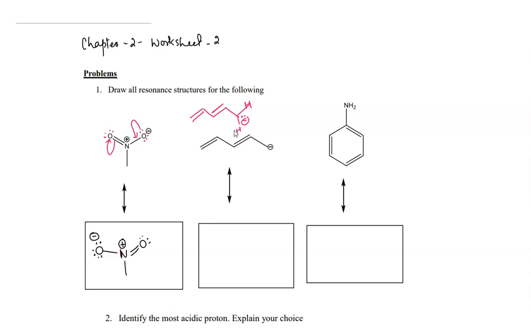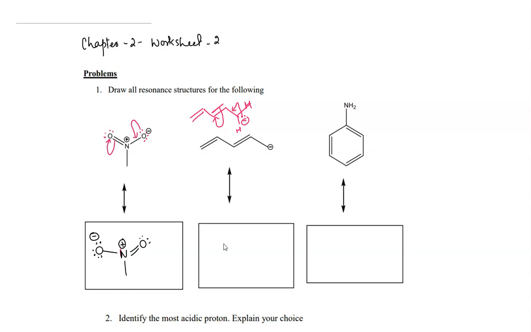So the way we can draw a second resonance structure. Actually, this molecule can have more than one resonance structure, but to draw one of them, you can move this pair of electrons here and take this pi electrons and place it over the carbon atom here.